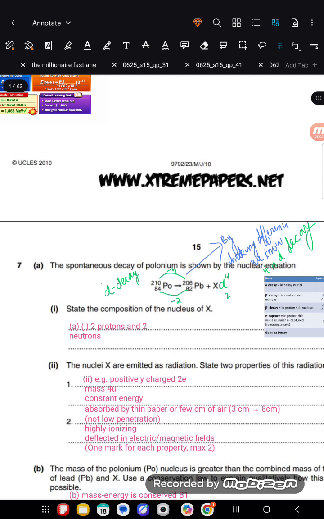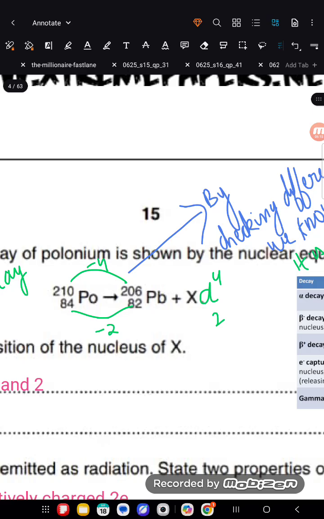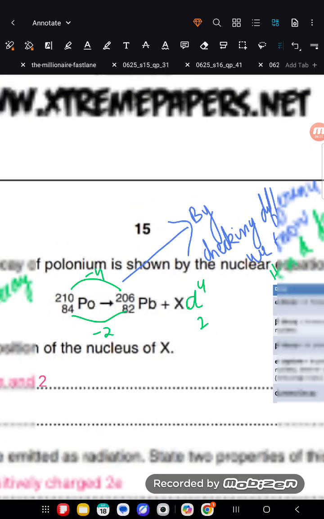Okay, there is one decay. So now we should check is it alpha, beta or gamma. Okay, so by separating this, by seeing the differences, we get to know this is alpha decay, right?